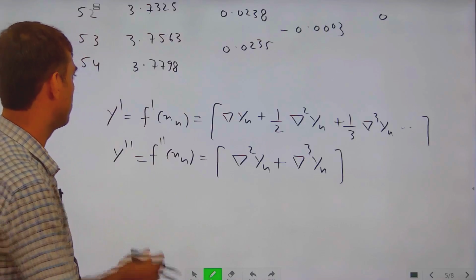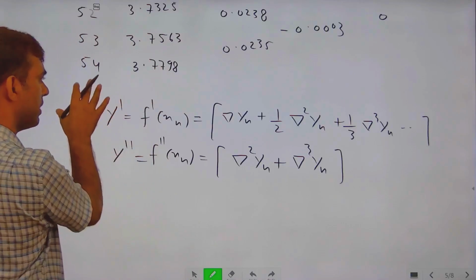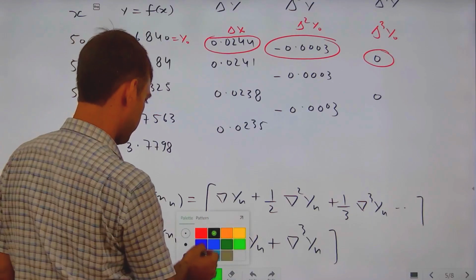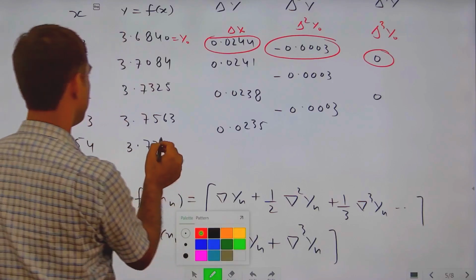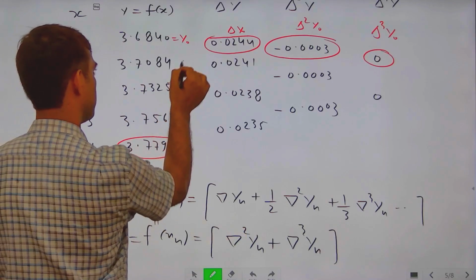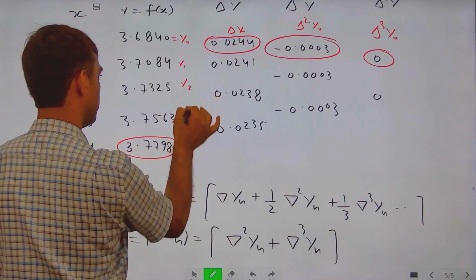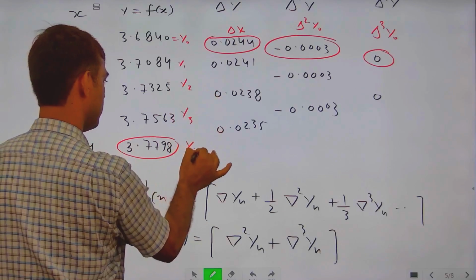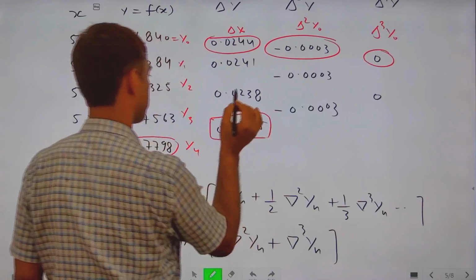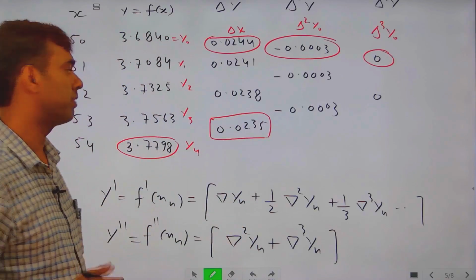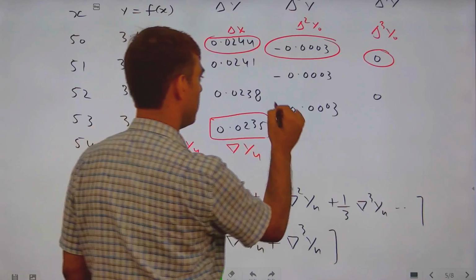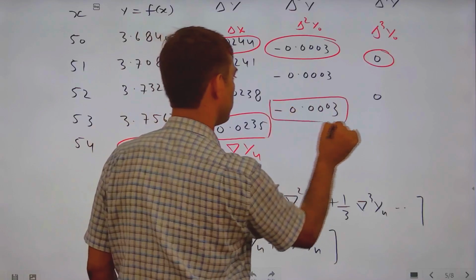Now we put in the values from this difference table. This one is treated as yn. You may also say this one is y1, this one is y2, this one is y3, this one is y4. In case of a backward difference operator, this one is del y4, and this one is del 2 y4.